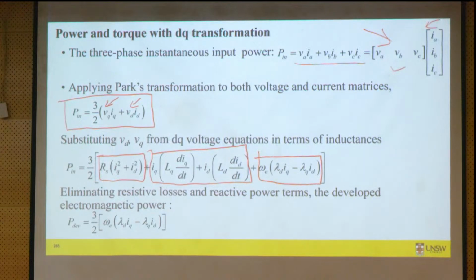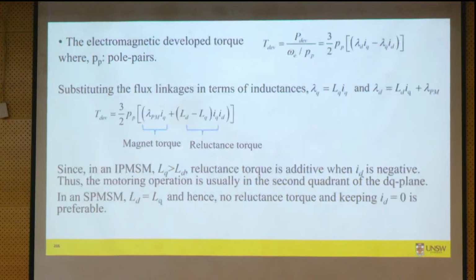This real power is converted to mechanical torque. So to calculate torque, we only need this last term. Only that part of the power converts to torque. So this third term we can call the mechanically developed power. If we divide this power by the speed, we will get our torque.